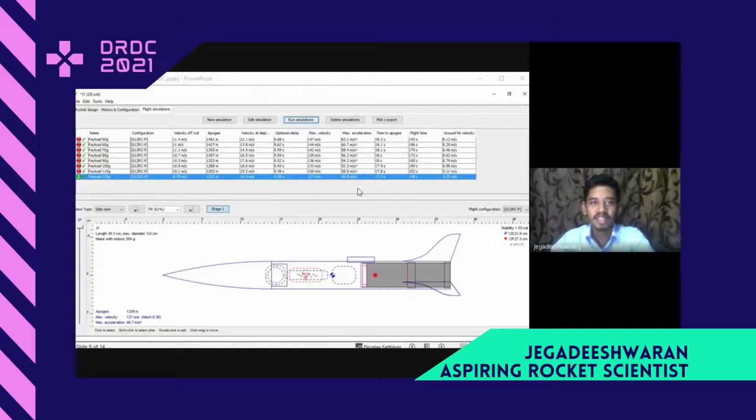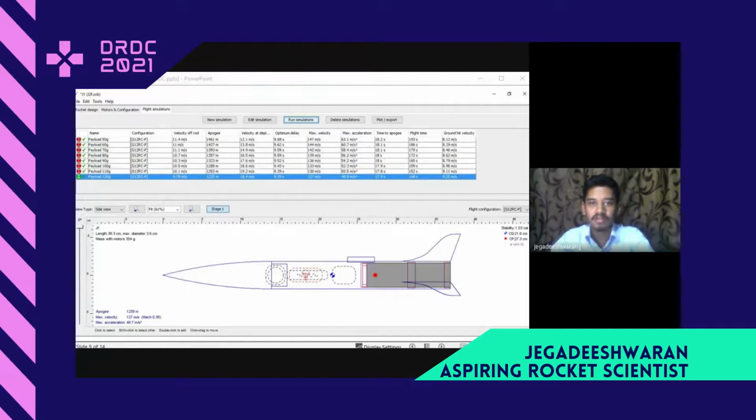The maximum acceleration and velocity are very less compared to other motors from the G class that I have tested. For the same altitude, this means the load due to gravity and aerodynamic forces is very less compared to other motors in this configuration.